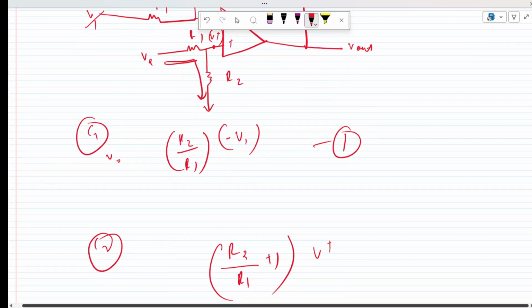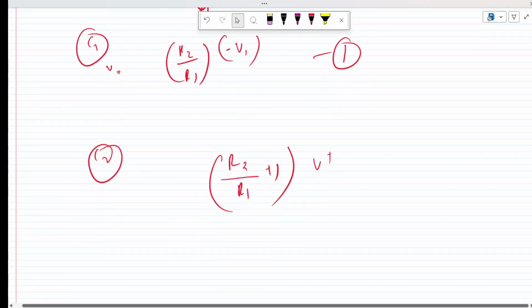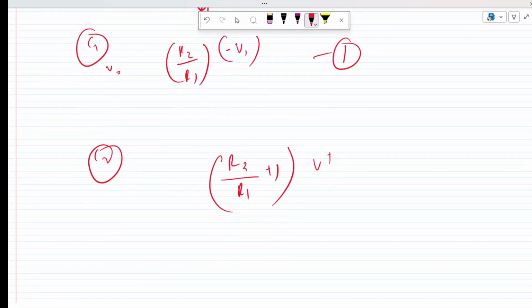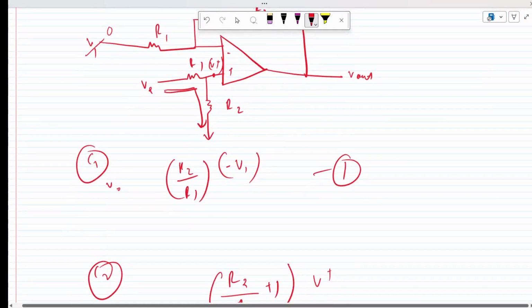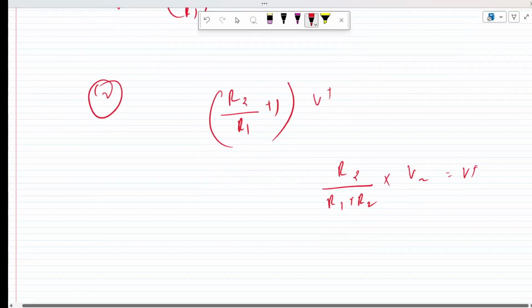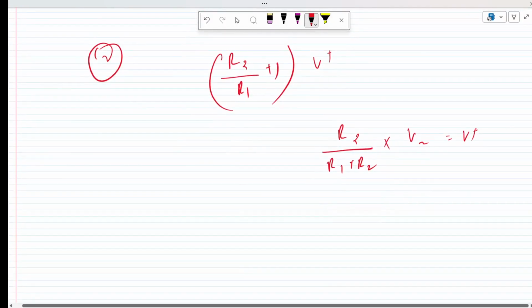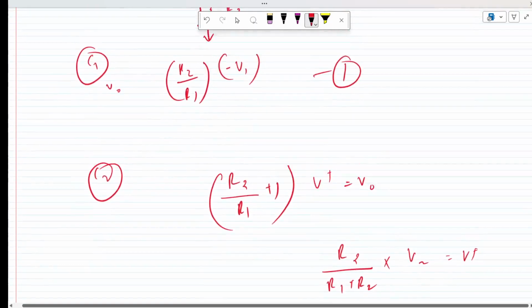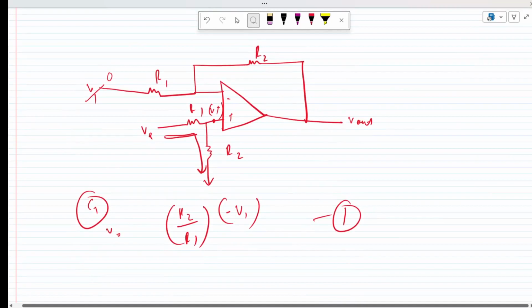So we just have to find V plus. We are going to use the properties of two resistors connected in series, that is R2 over R1 plus R2 times the entire voltage that we apply, that is V2. Yes, this is V plus. So what is this expression going to be then? This is the V output because of the second input signal.